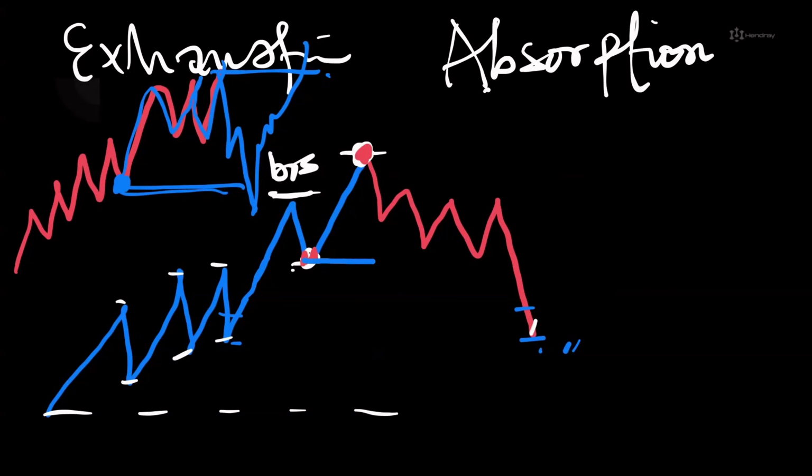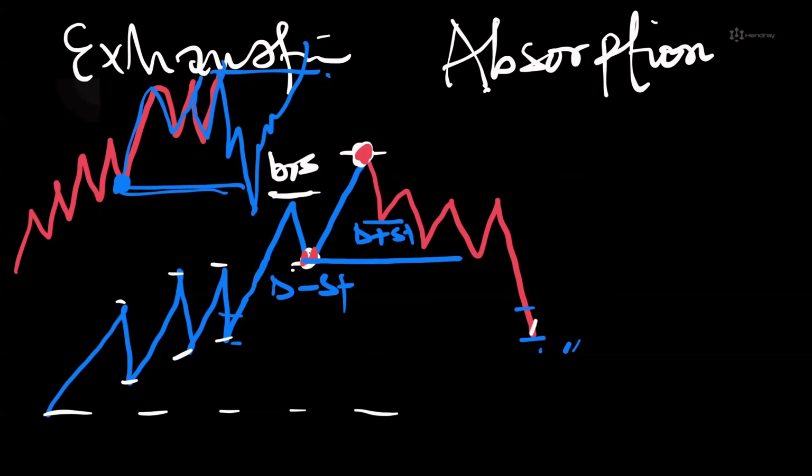Let's say at this low right here, we have D minus S plus. All right. And at this low here, look at it, we have D plus S plus.